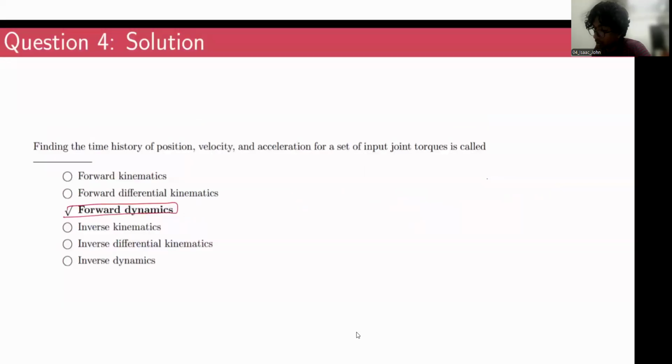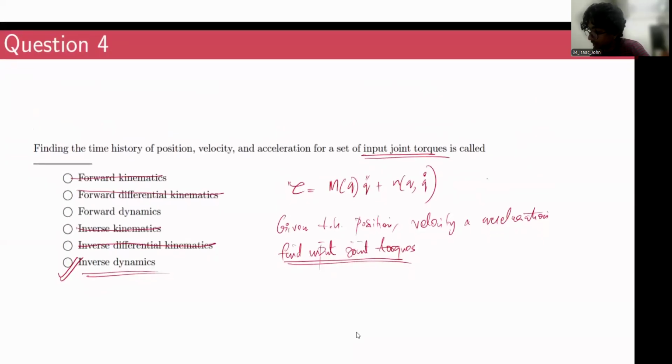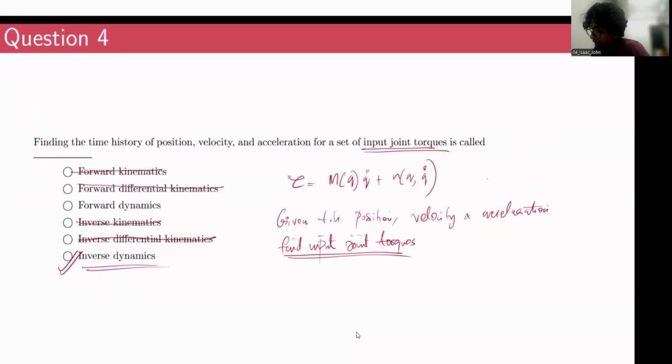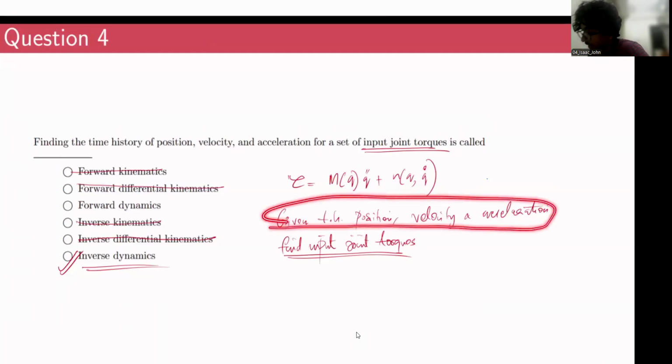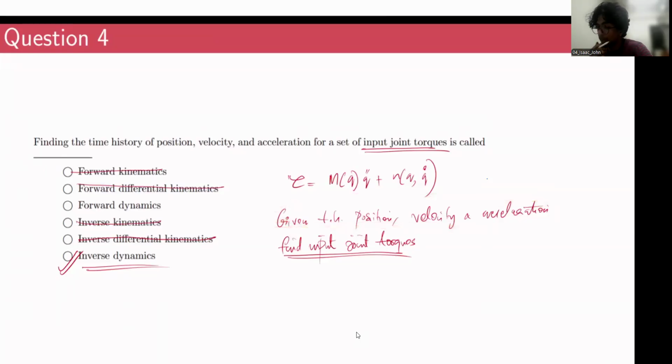Sorry, I think I might have confused myself. The question says finding the time history, not given the time history of position. I think I may have confused myself and probably the participants. I have wrongly interpreted the question.